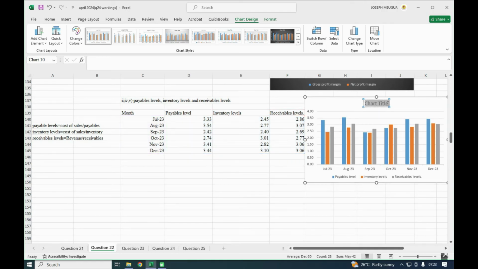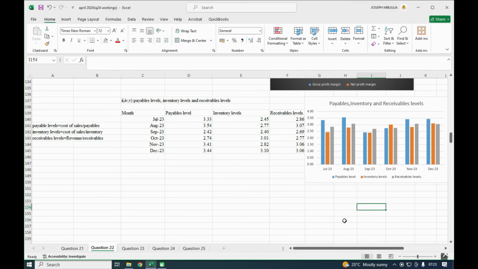In our chart title, this one will be payables, inventory, and receivables levels. So you can easily compare the 3 levels under one particular chart: the payable level, the inventory level, and the receivable levels under one particular chart.